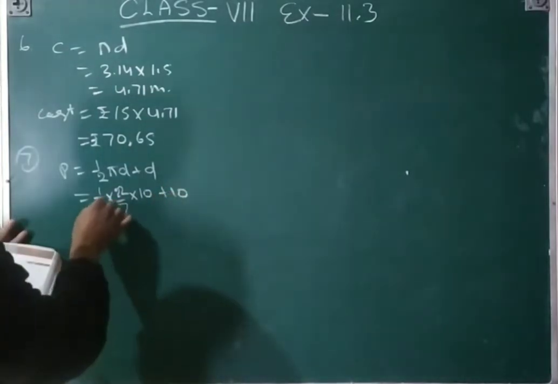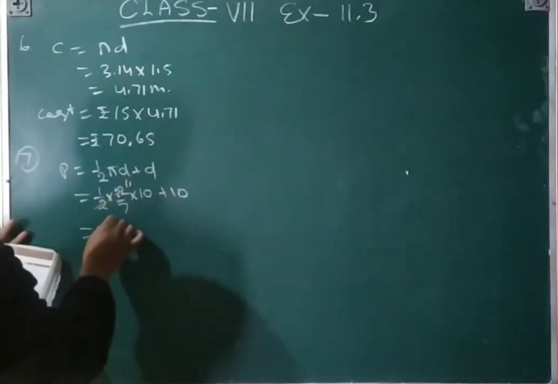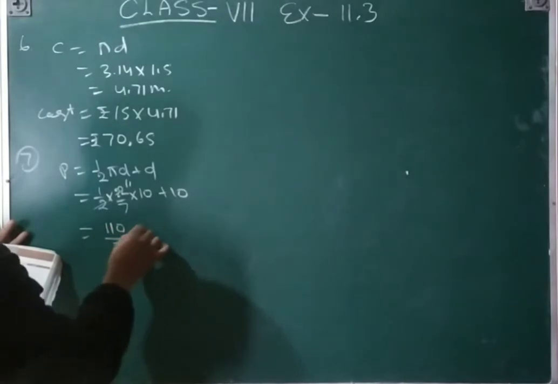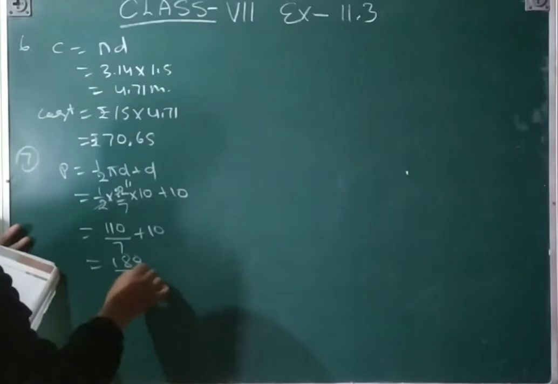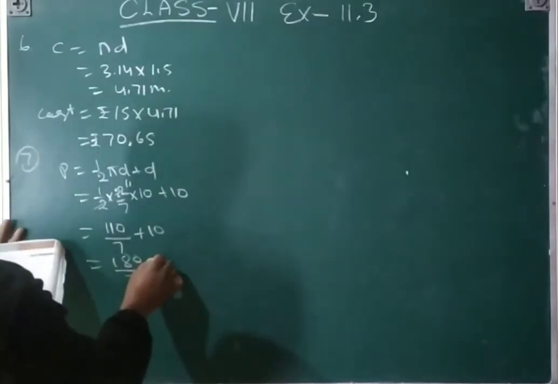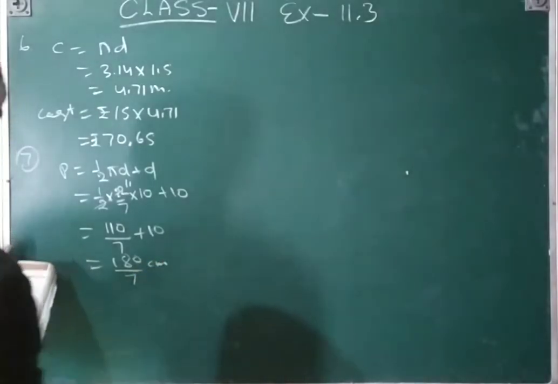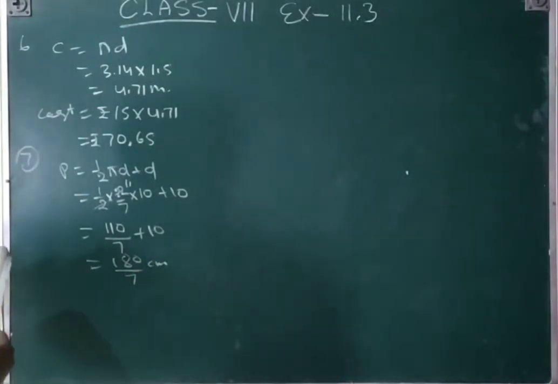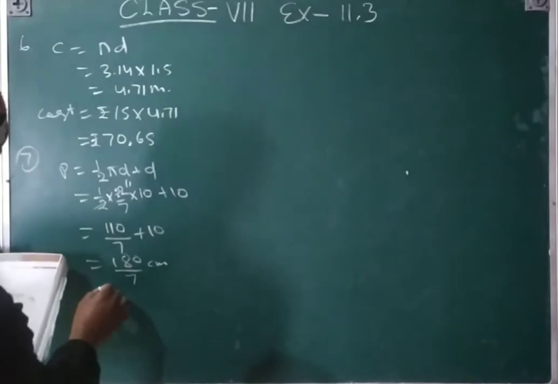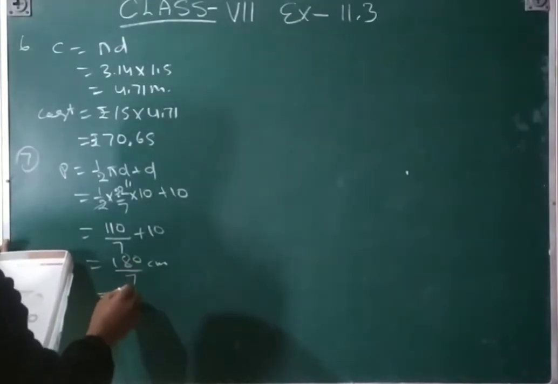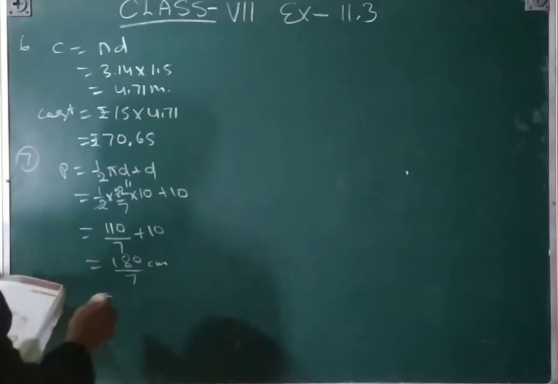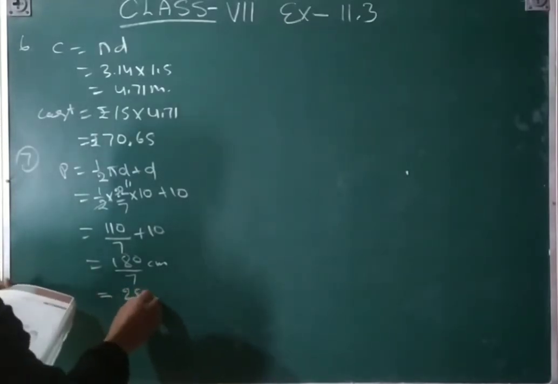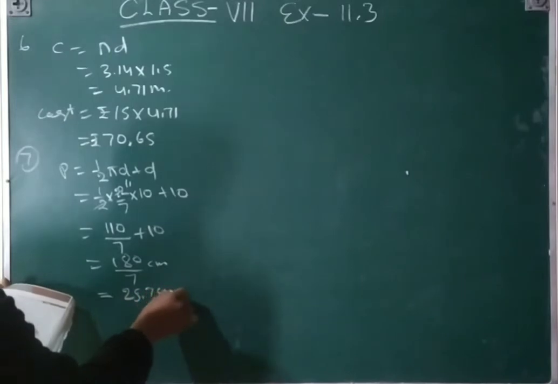So 2 11s, and then 11 plus 10. So 10 10s are 70, 180 upon 7 centimeter. Or you can write in decimal form also. In decimal form, 7 2s are 14, 7 3s are 21, 7 2s are 14, and 7 5s, and then centimeter.